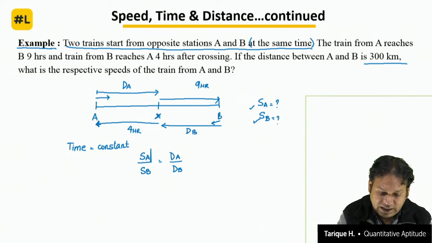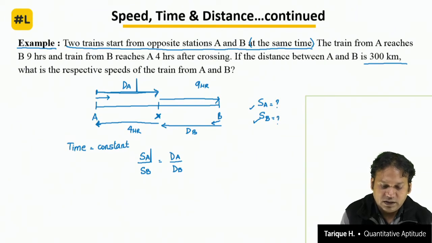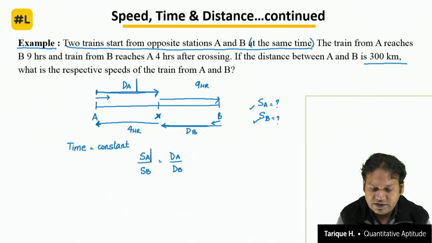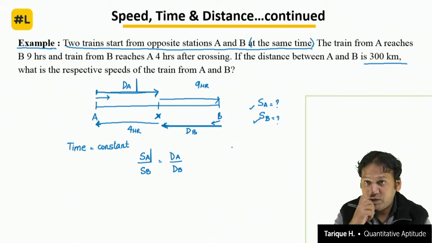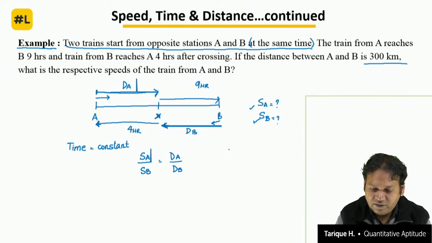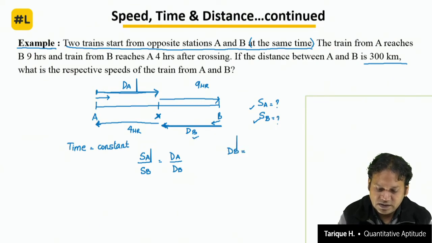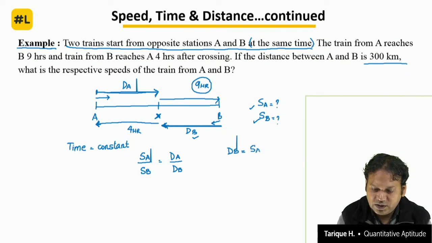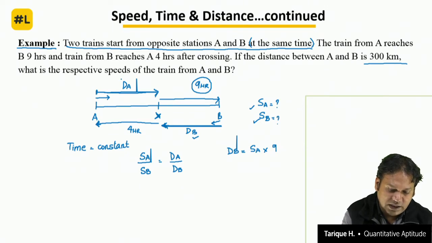At the point of meeting, that is X, the train from A has covered from here till here, we are calling this distance dA, and the train from B has covered this distance, we are calling it dB. Okay. So now you see what happens after crossing. After crossing, the distance that we are right now calling as dB is covered by A in 9 hours. So we can say dB is equal to SA into 9. Similarly, after crossing, this distance that we are calling as dA is covered by B in how much time? 4 hours.